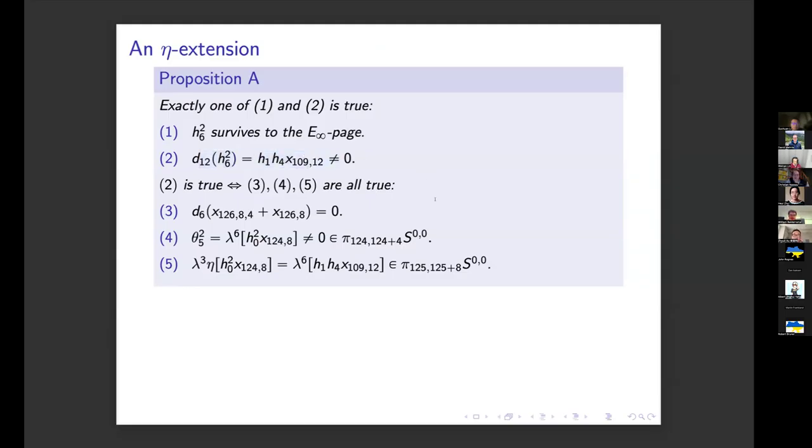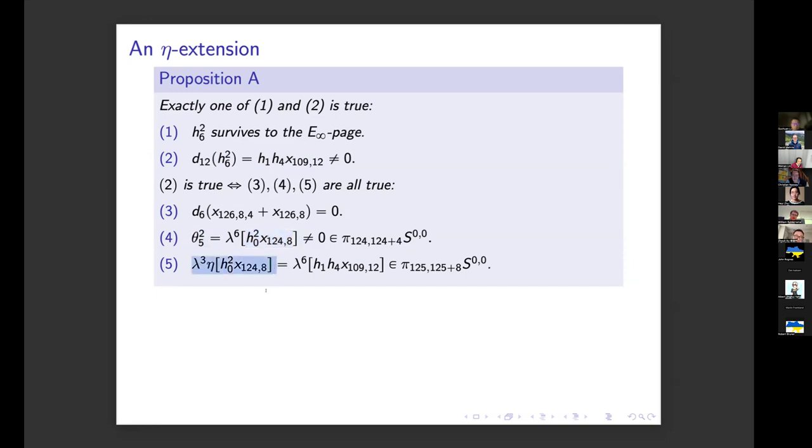So basically, I have already explained to you the proof for this proposition. Another comment is that whenever I write this, the precise statement should be read as the following: for any choice of theta 5 squared, it is always detected by this element, and in particular, it's a non-zero element.